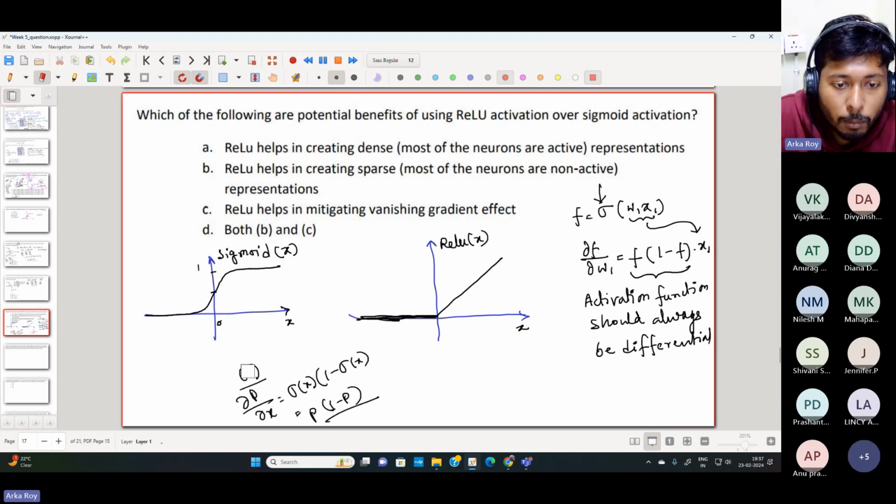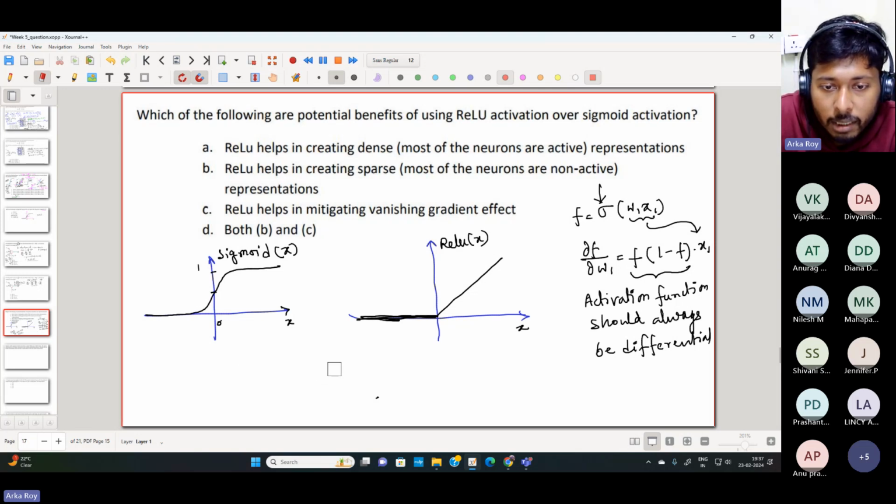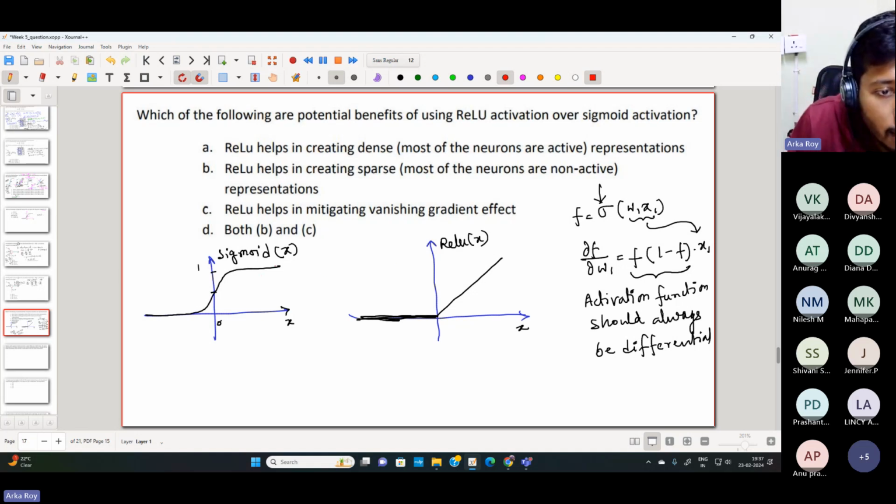Now, what is the problem that lies with this sigmoid and ReLU? Over here, you can see that as you move to higher values of X, if the X value is very high, the rate of change in this particular line is very, very slow.